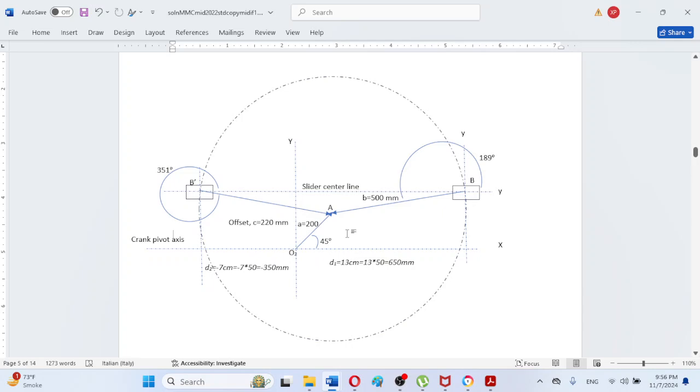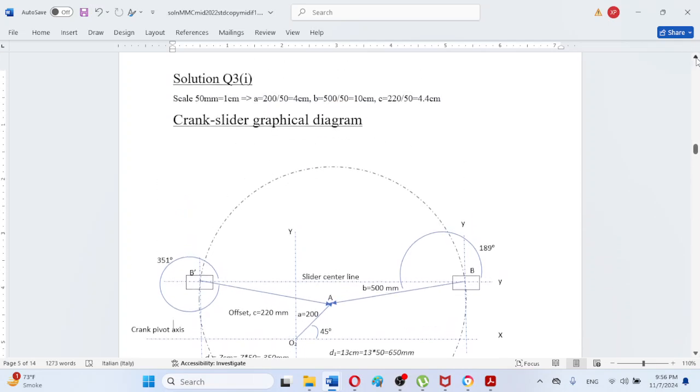After that we will be offsetting this slider axis line, and the offset is given C is equal to 220 millimeter. According to scale, if we observe the conversion here, C is equal to 4.4 centimeter according to the scale mentioned, and A is equal to 4 centimeter and B is equal to 10 centimeter.